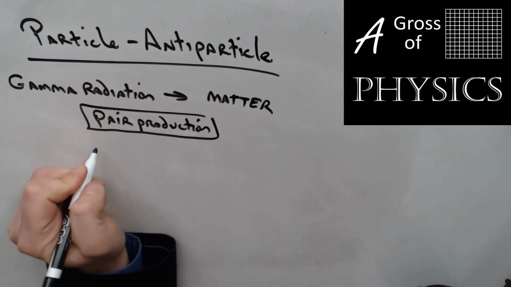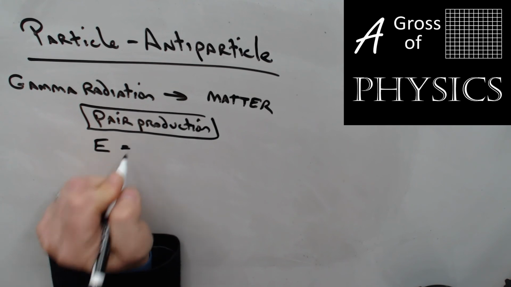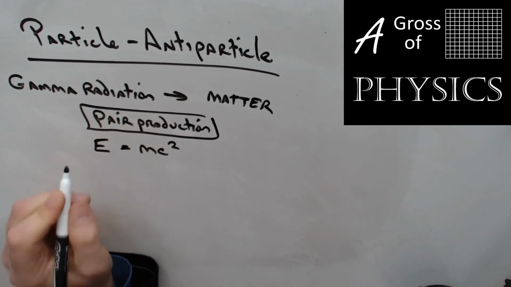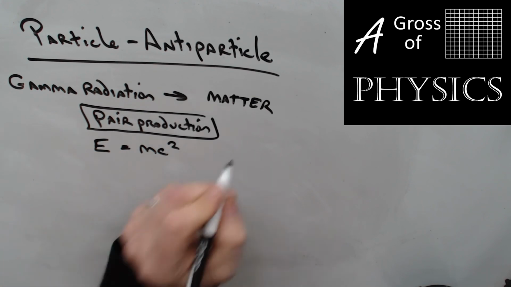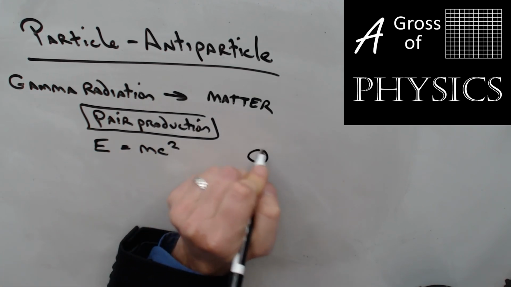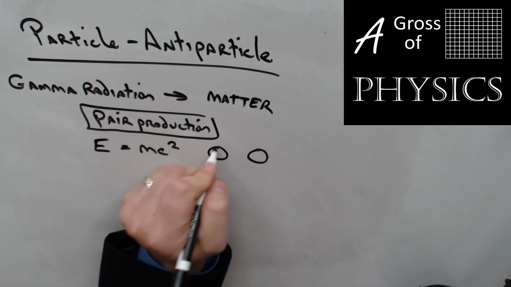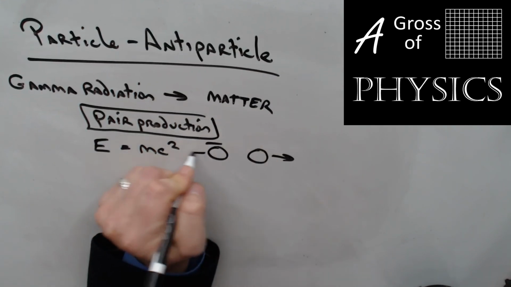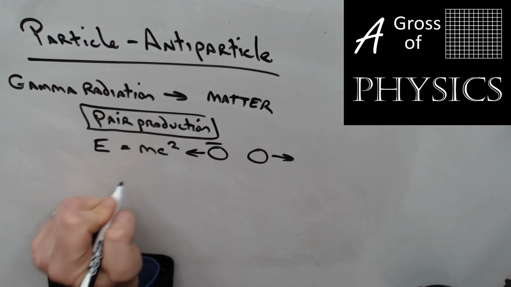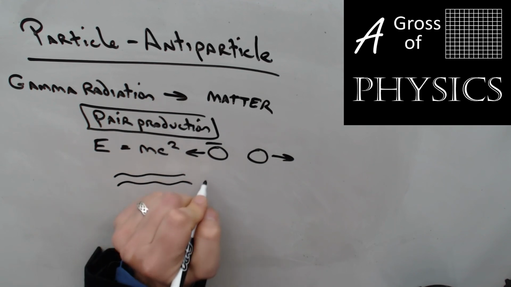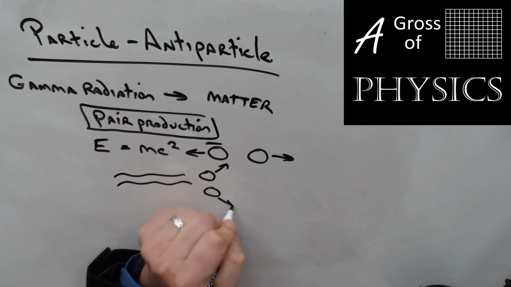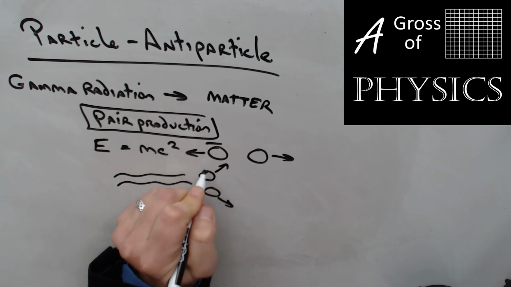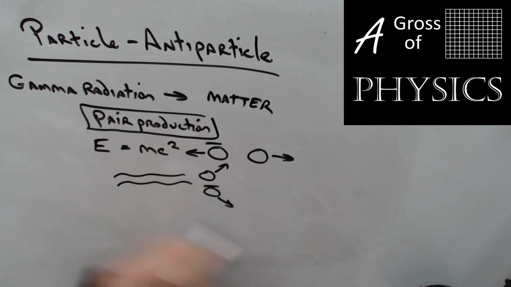The gamma radiation has a certain amount of energy, and the pair that will be produced will have a certain amount of mass, and that mass will be split up between the two. We'll have a particle and an antiparticle. One will go one way, and the other will go the other way. Typically, the light will come in, and then because of conservation of momentum in two dimensions, we have the particle and antiparticle flying off in opposite directions.